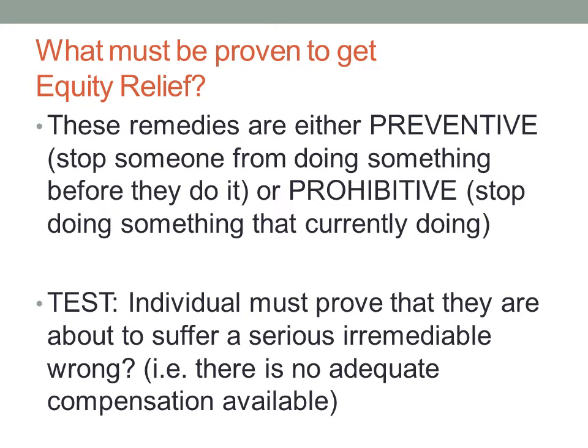So the test is an individual must prove that they are about to suffer a serious, irremediable wrong. Basically, there's no adequate compensation. If you use my song, Disney isn't going to buy it. And where am I going to make more money? Probably selling my song to Disney than making a deal with you, right? That makes sense. So that is equity law.